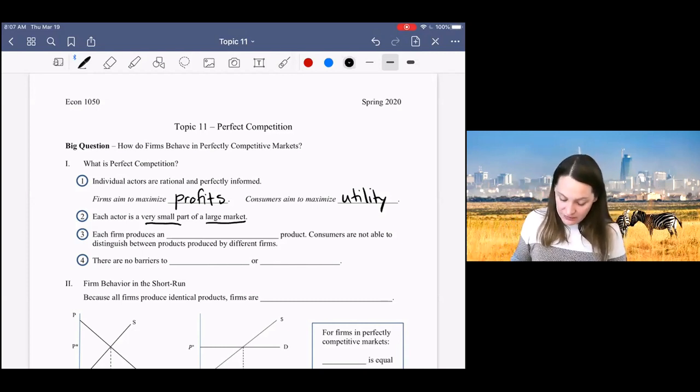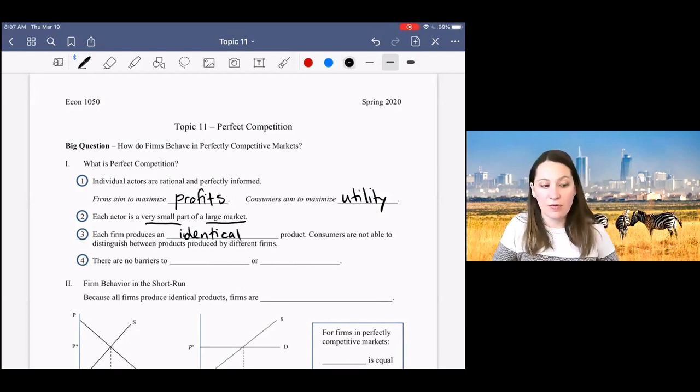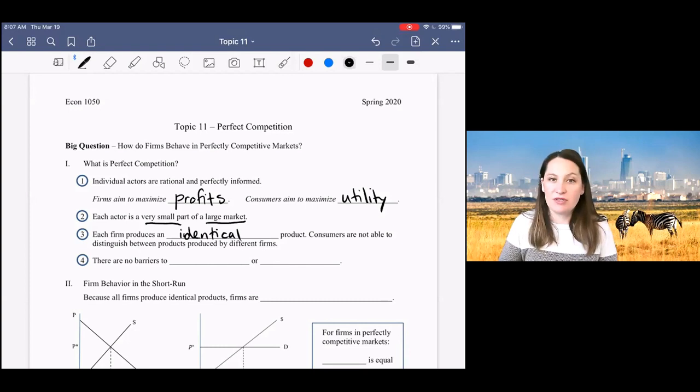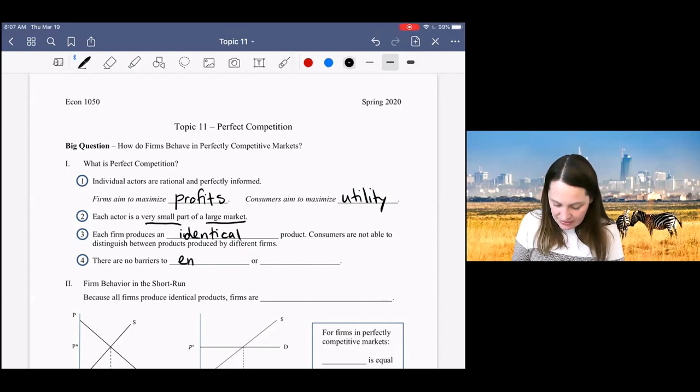And then firms are all producing identical products. So consumers would not be able to distinguish between a product produced at one firm and a product produced at another firm.